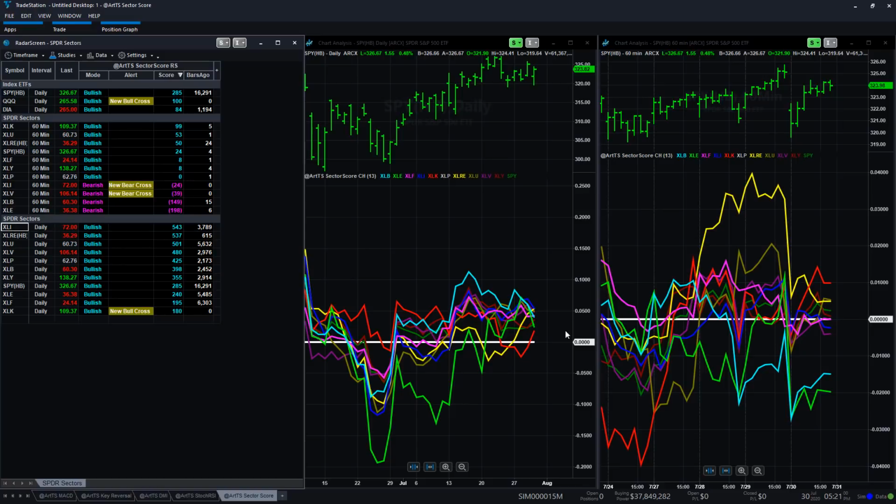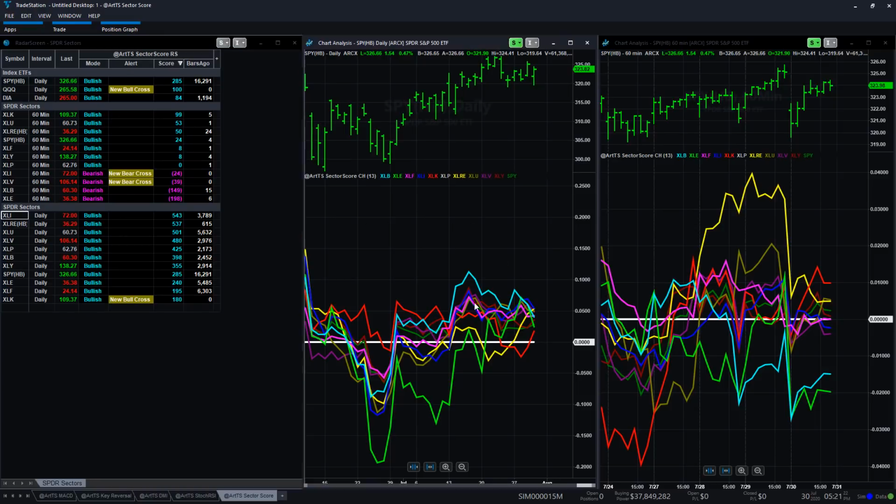This is industrials, but you'll notice they're kind of cluttered here. So one of the things when I was looking at this earlier today is it's kind of hard to see who's leading who because they are all kind of bunched together. But that's what RadarScreen is for. RadarScreen shows you very clearly which is the strongest and which one is the weakest.